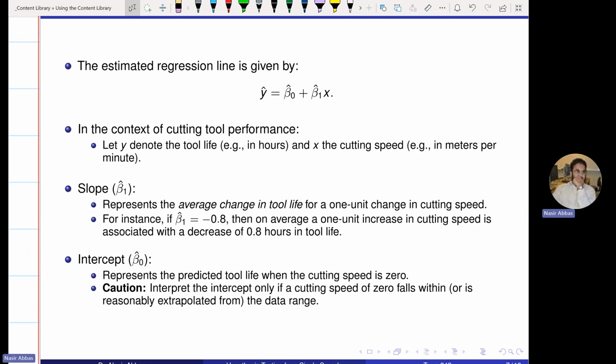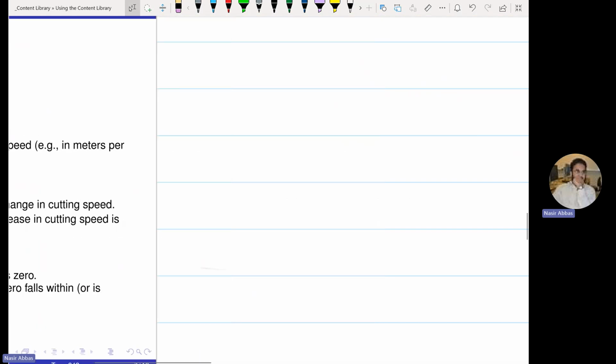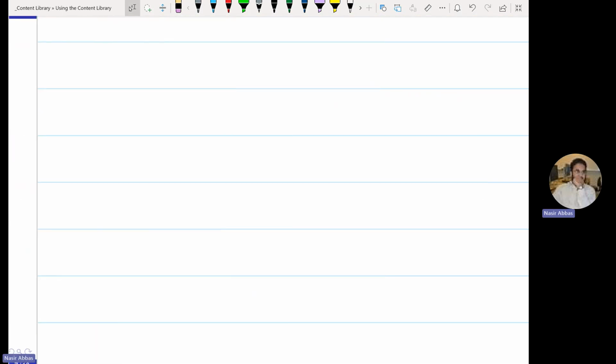So you can easily say that it's the average tool life when the speed is 0. But you have to be very, very cautious. For example, if I take the data on children from 0 to 10, x is their age, y is their height. Or let's say x is the height and y is the weight.